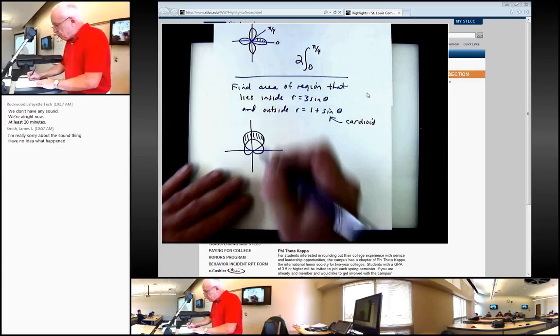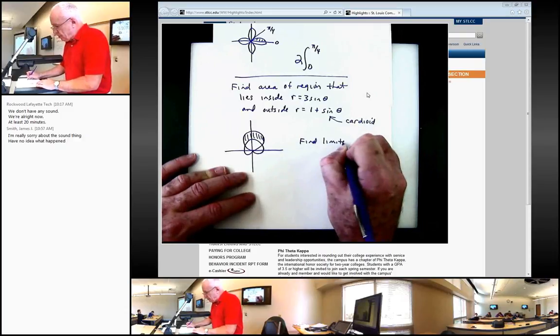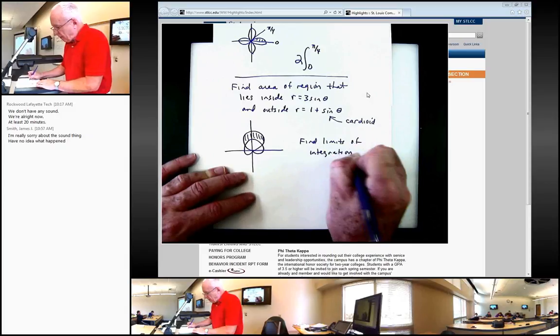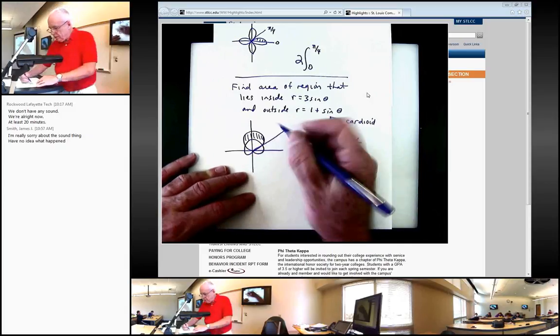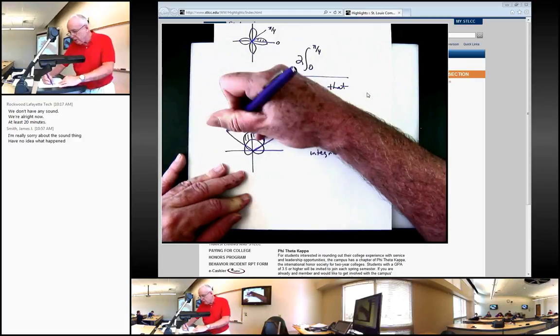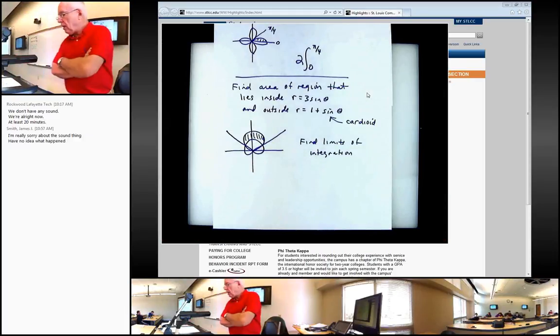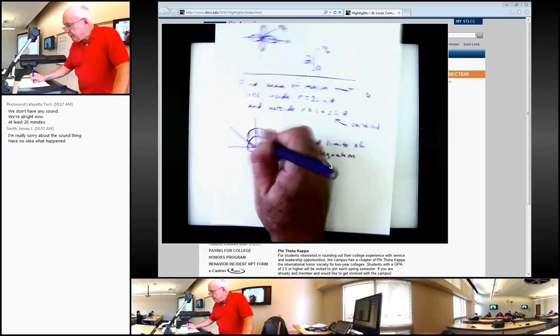Now the thing is, we have to find the limits of integration. That means we have to find out where to start here and where to stop here. What happens at these 2 points?